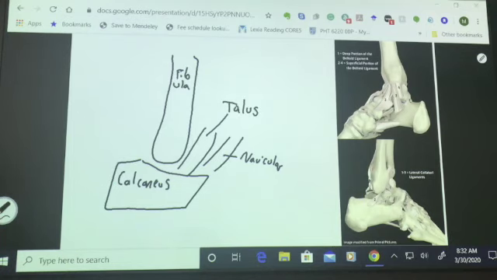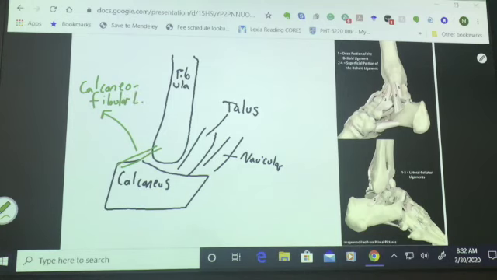So on the lateral side, what I want you to really think about here is start thinking about, again, everything's going to be named for where it attaches. So if I have a ligament that attaches my fibula to my calcaneus, that's going to be my calcaneofibular ligament.